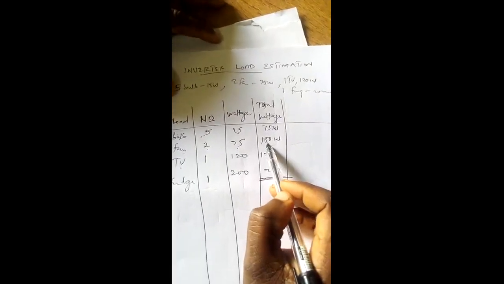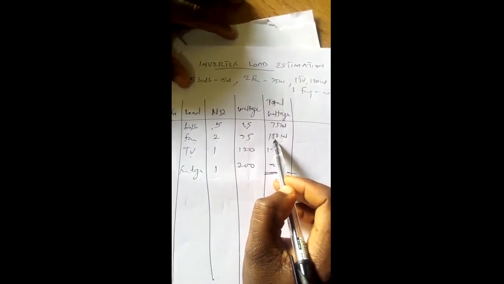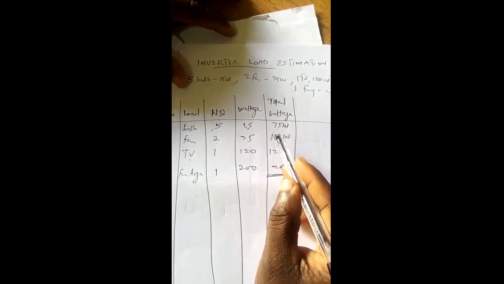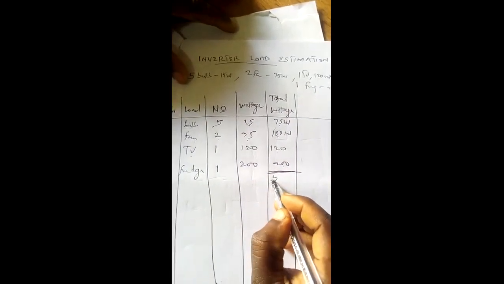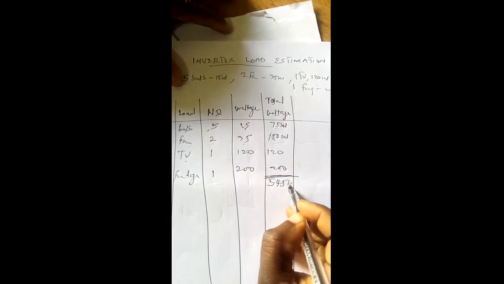Now we total this together. 200 plus 120 is 320, 320 plus 150 is 470. Then plus 75 is 545. Yes, 545 watts. That's the total wattage.